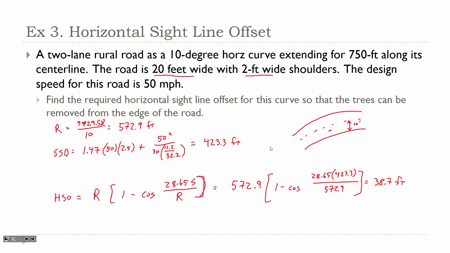From the edge of the road, depending on whether you call the edge of the pavement or the edge of the shoulder, we'll call it from the edge of the pavement. So this would need to go an additional 28.7 feet. That 10 feet gets subtracted here. So it'd be 28.7 feet from the edge of the road.